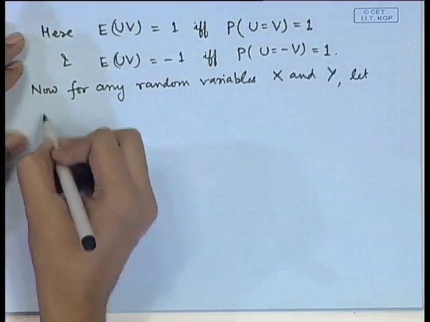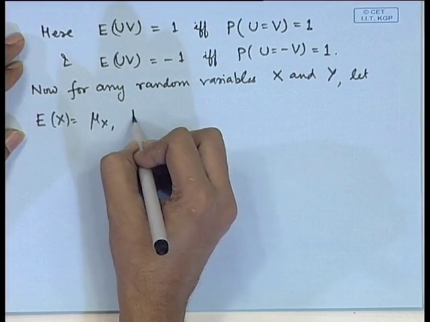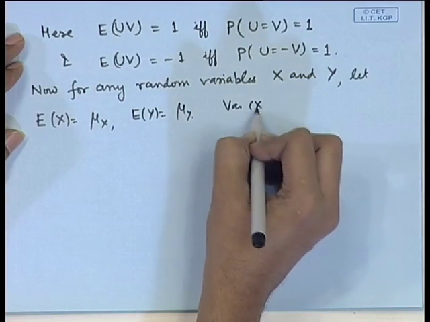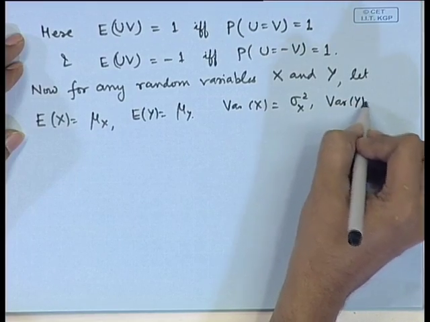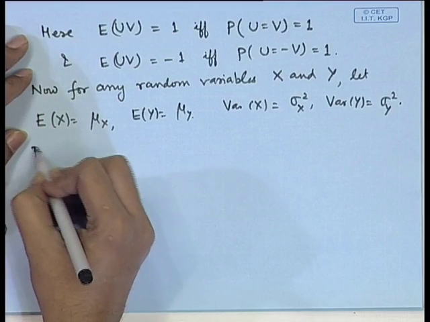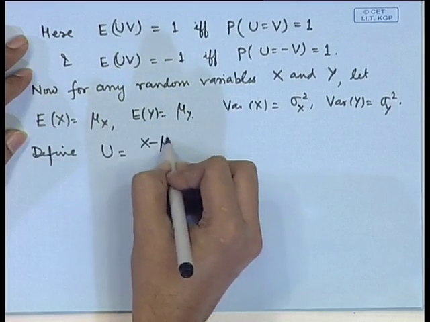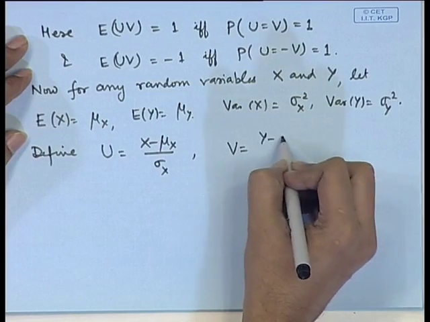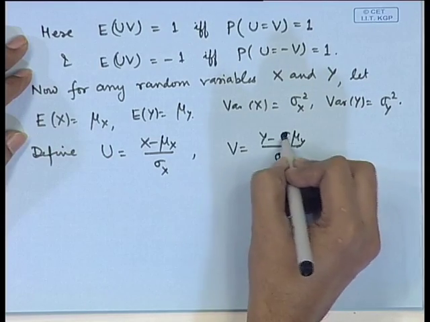Let us use the notation that expectation of x is equal to mu x, expectation of y is equal to mu y, variance of x is equal to say sigma x square and variance of y is equal to sigma y square. Define u is equal to (x minus mu x) by sigma x, v is equal to (y minus mu y) by sigma y.